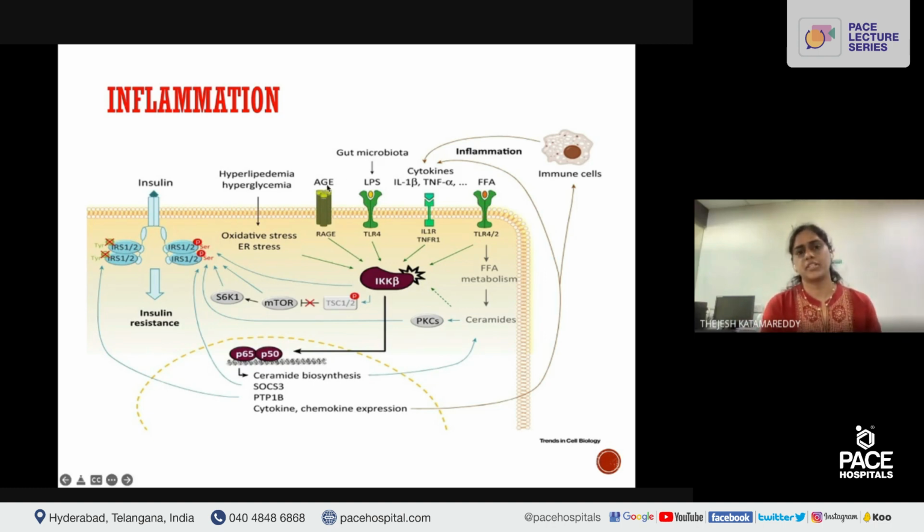Advanced glycation end product concentration also increases. All this will lead to IKK beta activation, which will finally lead to insulin resistance, by increasing the biosynthesis of all these compounds, which will again lead to insulin resistance and excess production of cytokines.